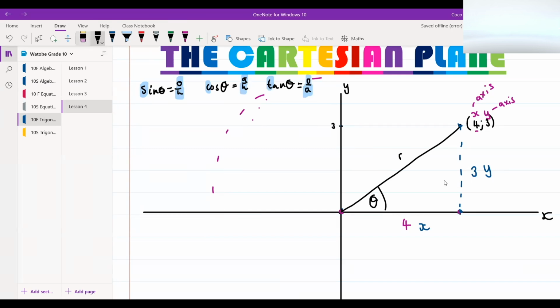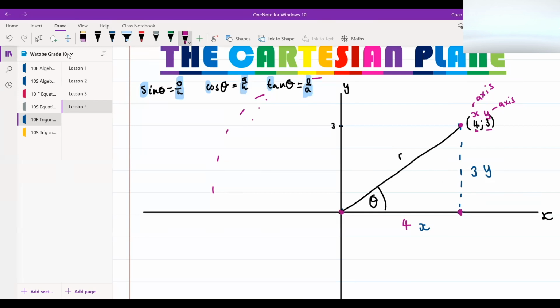Okay, so we're going to use the X values and the Y values. Remember, the Y axis is the straight line that goes up and down, the vertical line, so the Y value is this part that goes from top to bottom. Our X value is the horizontal line, from here to there.